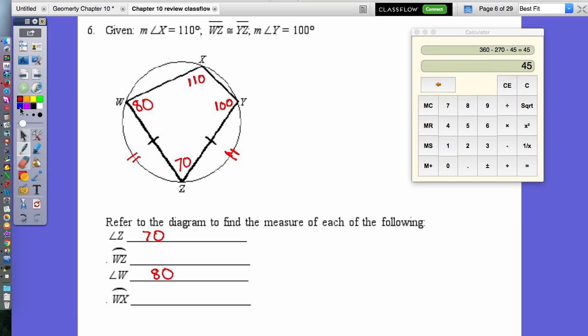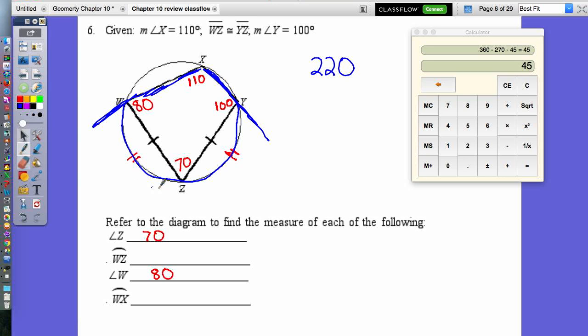And this whole larger arc here is created by inscribed angle x. So we learned that if the vertex of an angle is inscribed on a circle, the arc across from it is twice the angle. So that means W to Z to Y is 220 degrees.